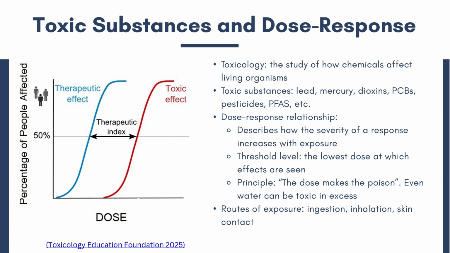We want to find solutions somewhere within that range because we want to be able to benefit by having a medication for people, but we don't want it to be at such a high dose that it's going to be toxic. So we find this nice little area in between, and that's where we start with the therapeutic doses.